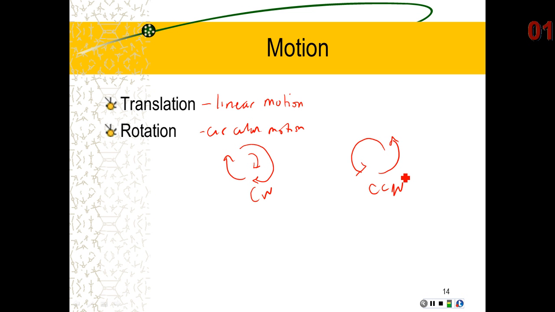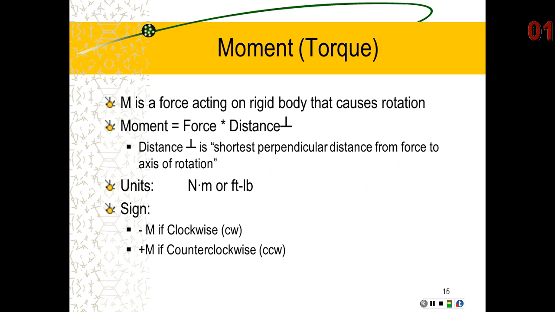When we consider rotations, we refer to them as being moments or torques. I'll probably more commonly call it a moment, but if you study torques, it's the same thing. A moment is a force acting on a rigid body that causes rotation. Calculation of a moment is equal to the force times a distance perpendicular, so we have this additional thing to worry about.